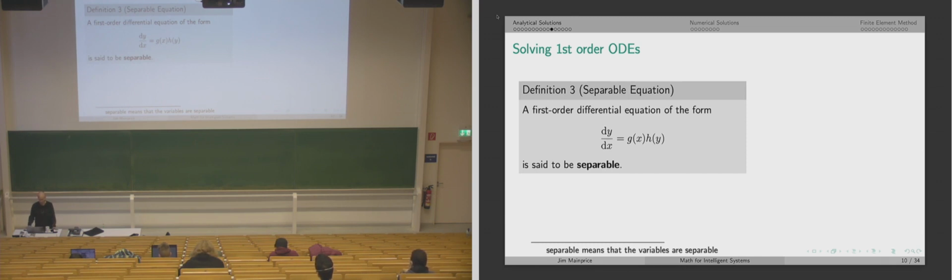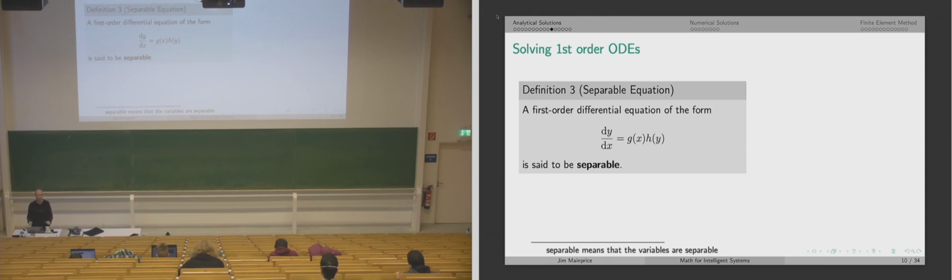Separable means that if you write it in the normal form, it will be written as the product of g of x and g of y, meaning the product of two functions, one which is a function of the independent variable only, and one which is a function of the dependent variable only.